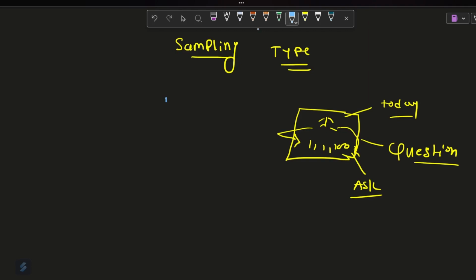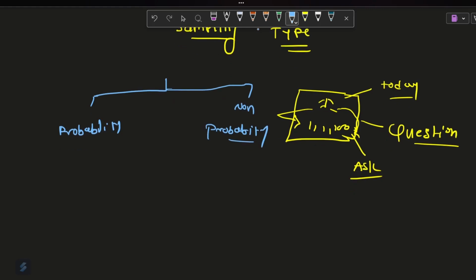There are two types of sampling. One is probability sampling, and the second one is non-probability sampling. What is probability sampling?